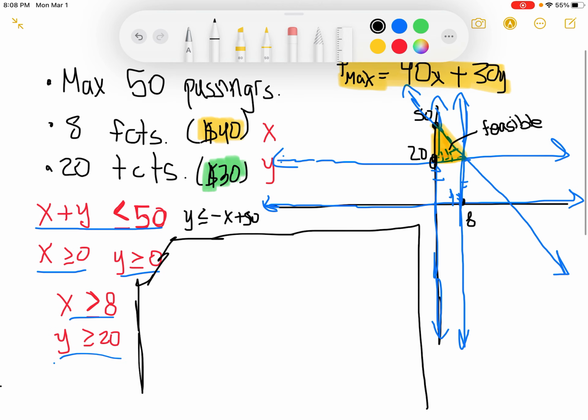A triangle has 3 corners, so that means 3 sets of coordinates. We know the one up here is 0, 50, because that was the y-intercept, remember? Then the one right here is going to be 0, 20, because that's another y-intercept for that line. And then right here, we don't know. So how would you find that?